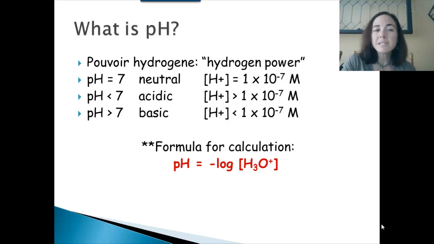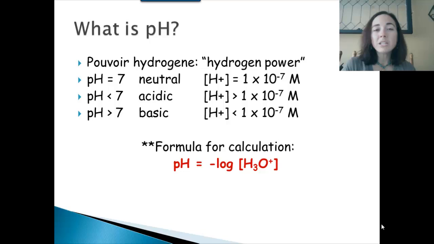If a substance is acidic and the pH is less than 7, then we have lots of acid units in the substance. So the hydronium ion concentration is going to be greater than 1 × 10 to the -7 molar. And then finally, if a substance is a base and the pH is higher than 7, the acid concentration is very low. So it's going to be smaller than 1 times 10 to the minus 7th molar.